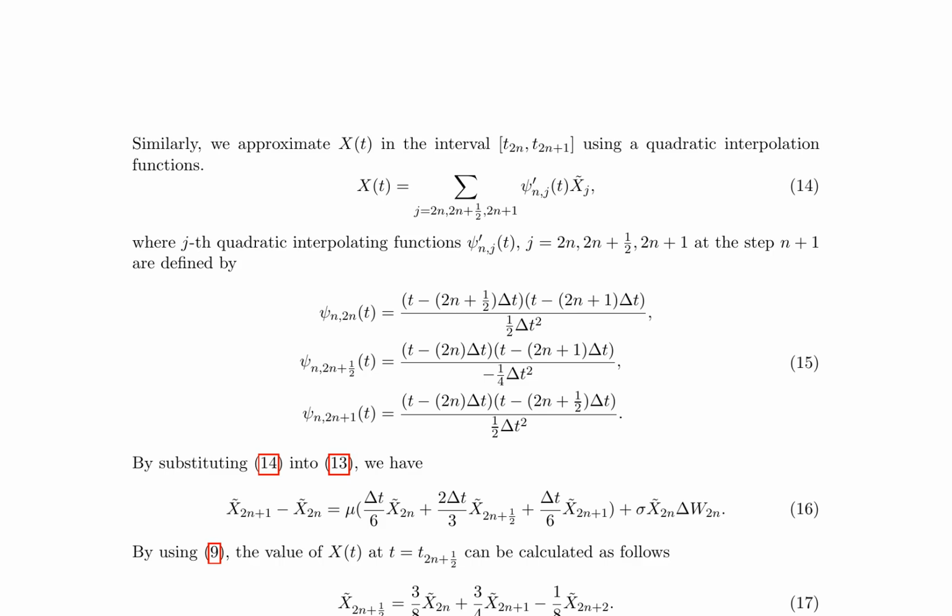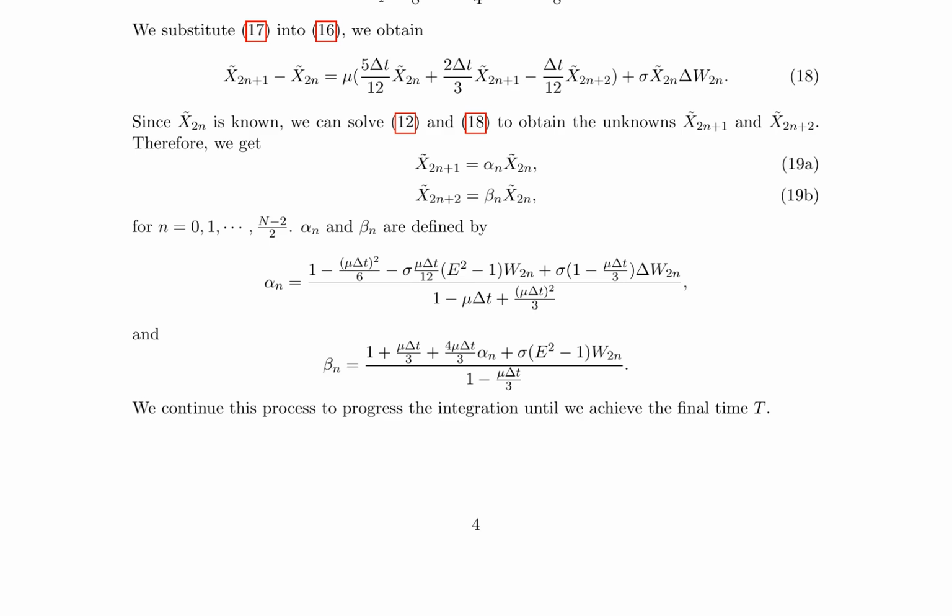Substituting the interpolation functions into the integrated equations yields equations 12 and 16, which require the values of x(t) at t_{2n+1} and t_{2n+2}. By solving these equations, we can obtain the unknowns x_{2n+1} and x_{2n+2} in terms of x_{2n}.